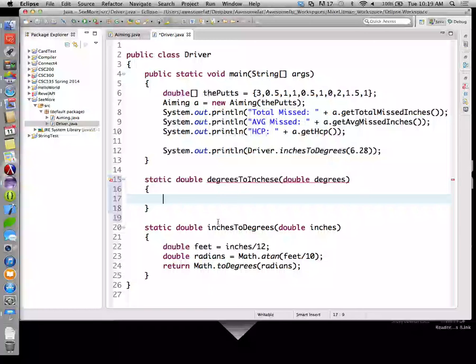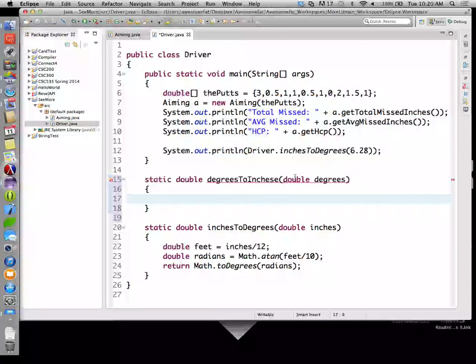Here, I was going to say we can do it at Google. Oh, here, 6.28. We had it in there. Okay, so 6.28 inches should give us something around a 3. I think it was 2.88 or something like that. But it should give us something around a 3.